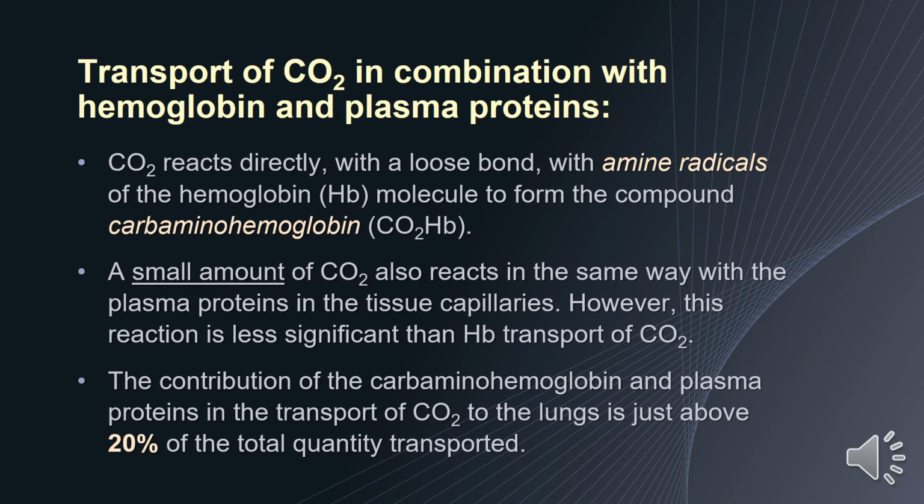A much smaller amount of carbon dioxide also reacts in the same way with the plasma proteins in the tissue capillaries. However, this reaction is less significant than hemoglobin transport of carbon dioxide.